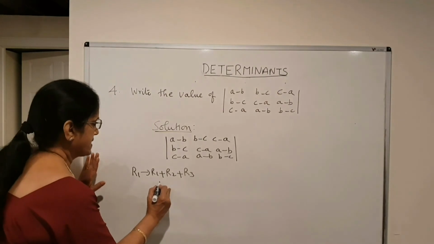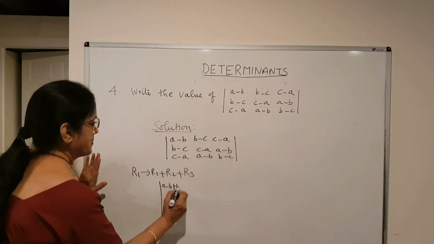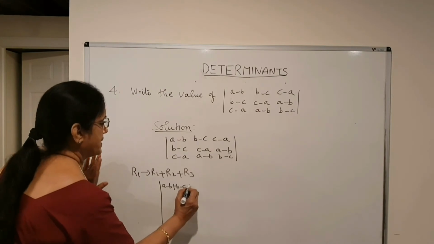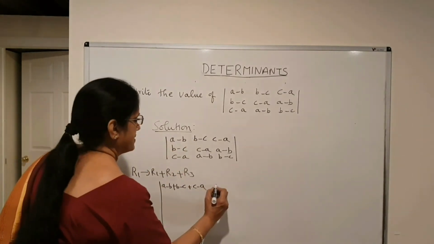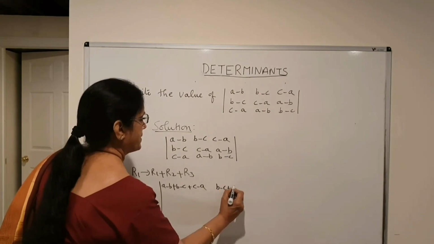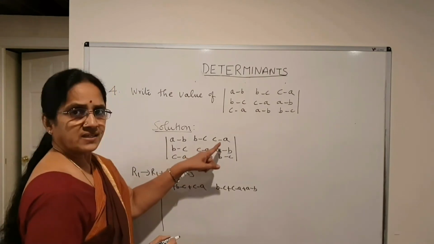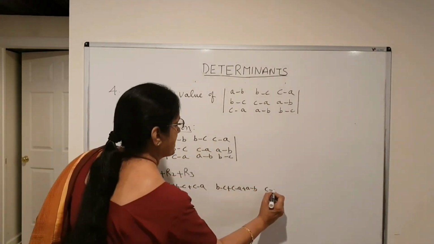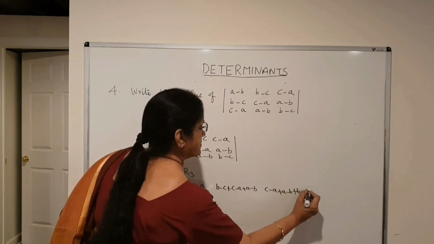Now I will be getting A minus B plus B minus C plus C minus A. Second entry will be B minus C plus C minus A plus A minus B. Third entry will be C minus A plus A minus B plus B minus C.